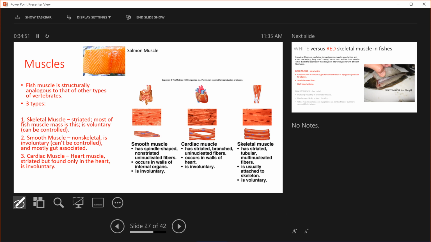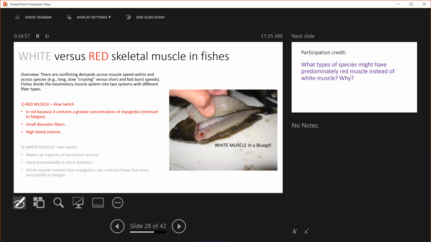And then there's cardiac muscle, which is heart associated. So three different types of muscle, standard with vertebrates. Of note, however, there are also two different types of muscle fibers in the voluntary skeletal muscle system.